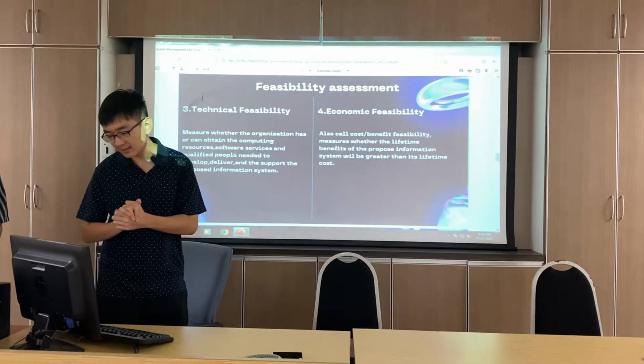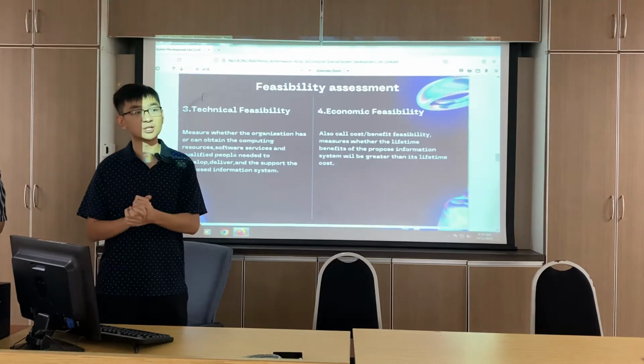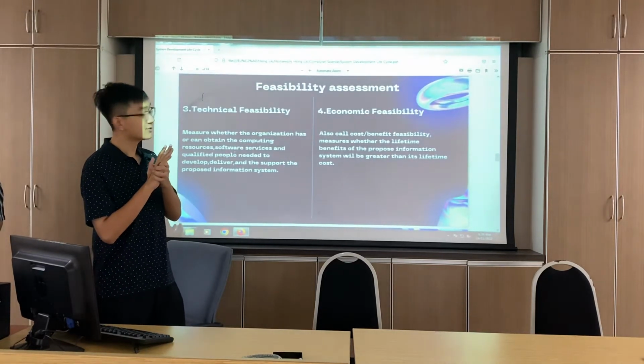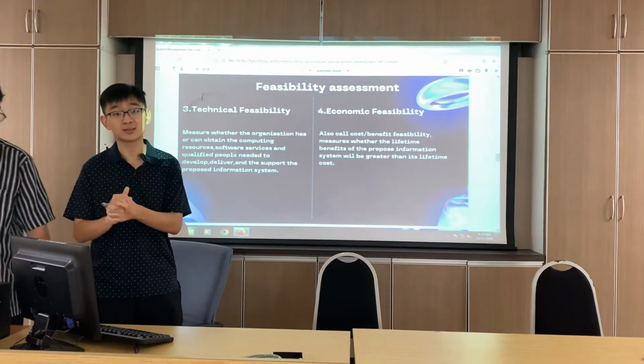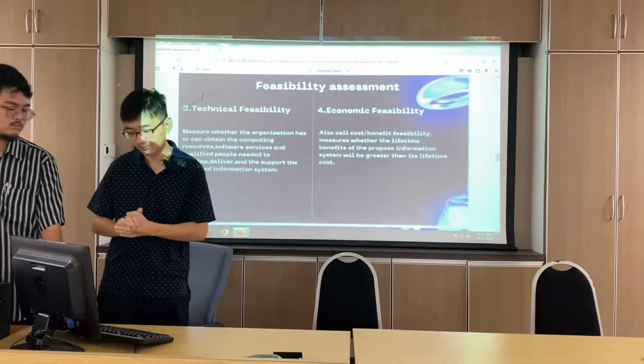Okay, and then the last one is the economic feasibility. We need an estimation of how much this system will cost us, and how it will benefit us when we successfully develop it.